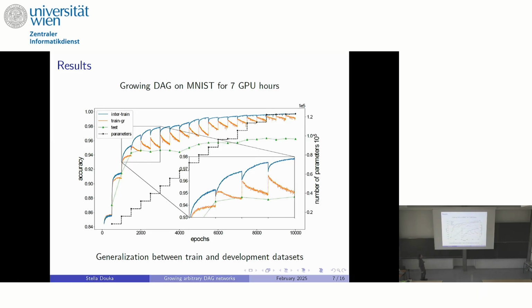Here we have results of growing a directed acyclic graph network on the MNIST dataset, the handwritten digits, that was run for 7 GPU hours, which for architecture search at the same time as training is quite low. We see here in the zoomed part the accuracy on the training dataset with respect to the accuracy on the development dataset.